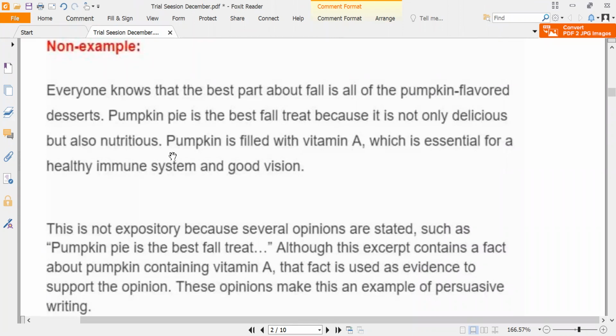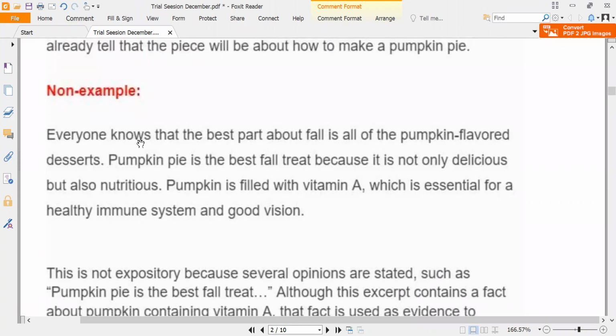Look here at what he said. Everyone knows that the best part about fall is all of the pumpkin flavored desserts.